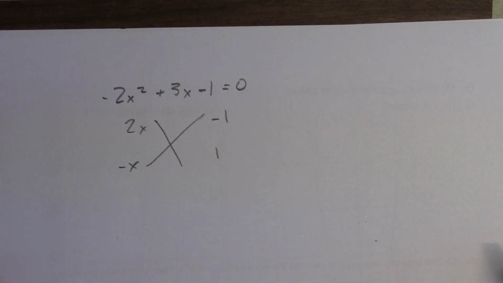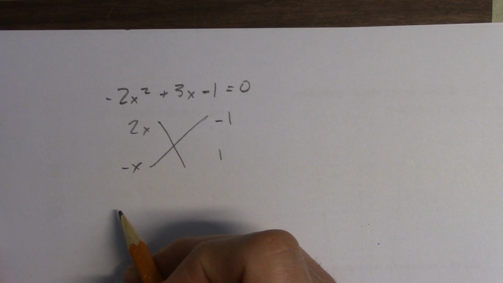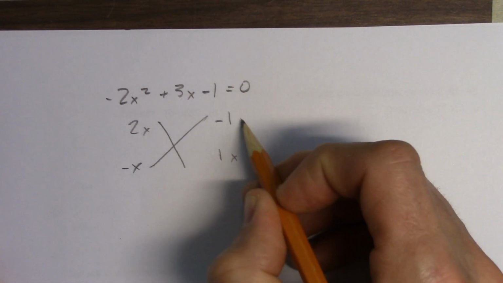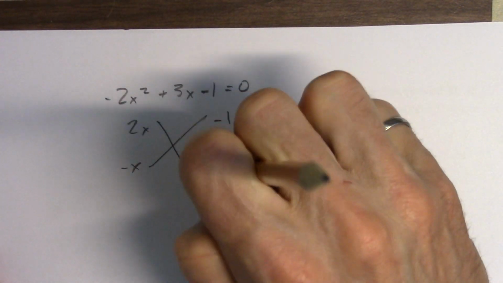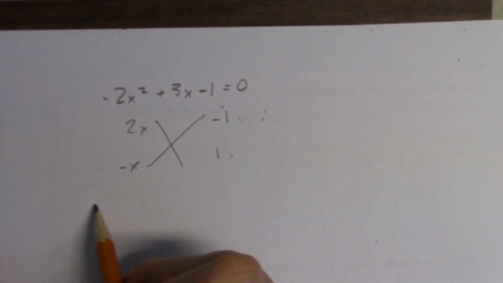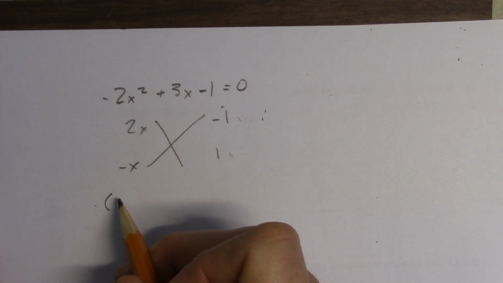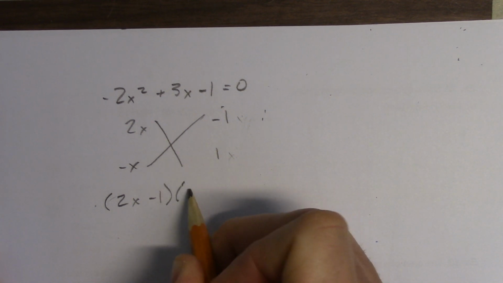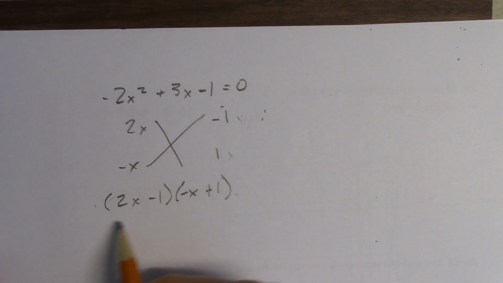Okay, tell me the answer then. Bracket 2x minus 1, bracket minus x plus 1. Minus x plus 1? Okay, let's check it out.